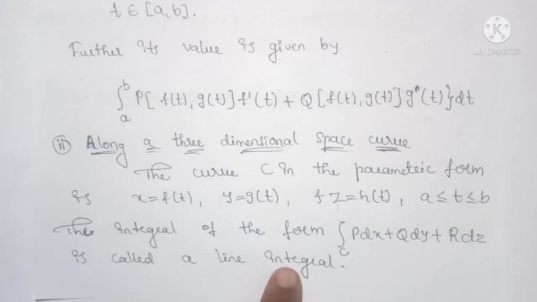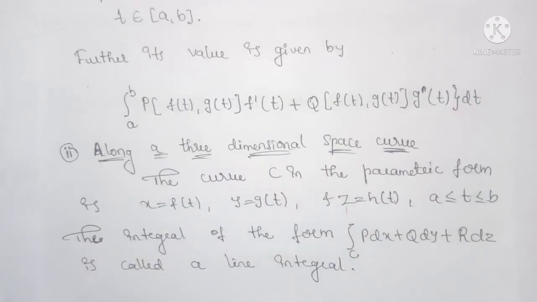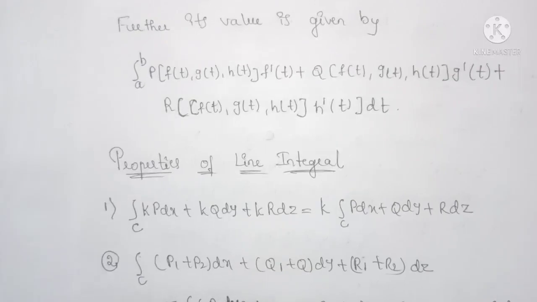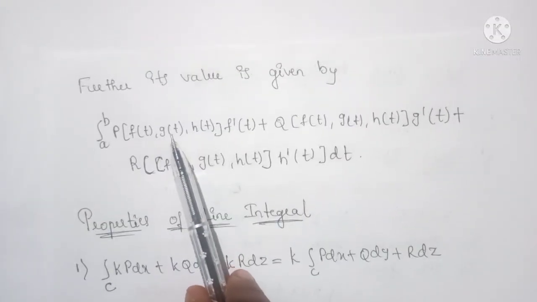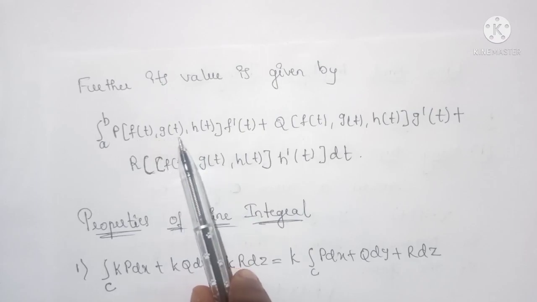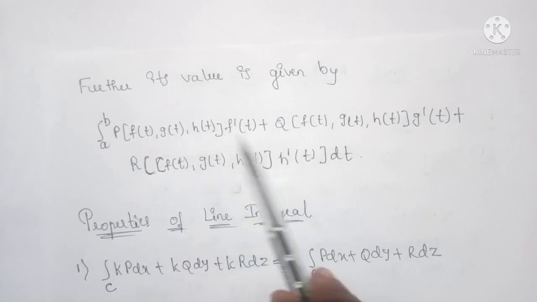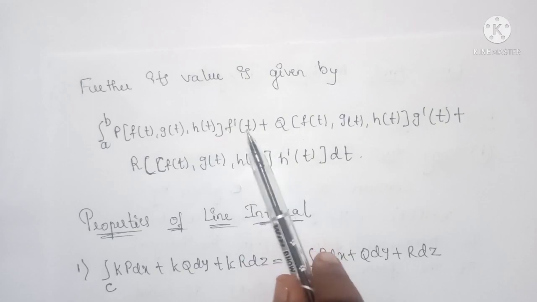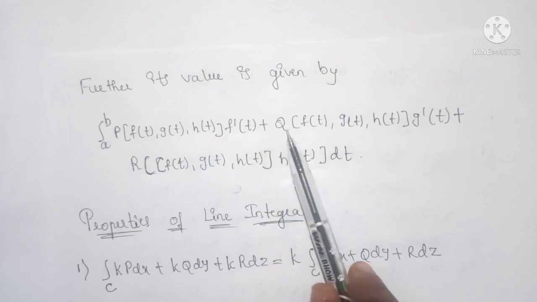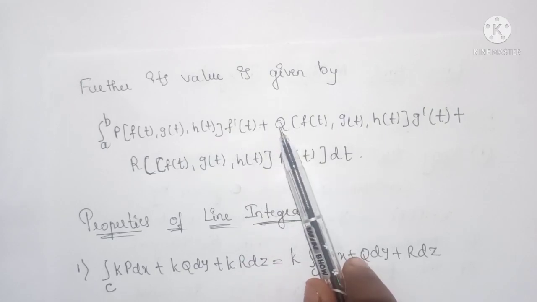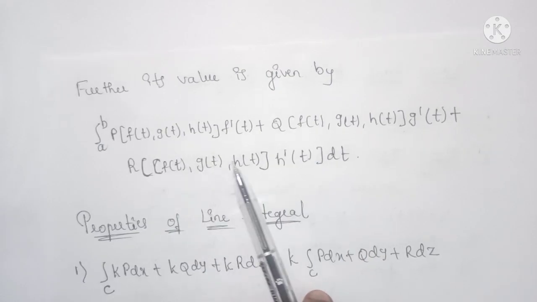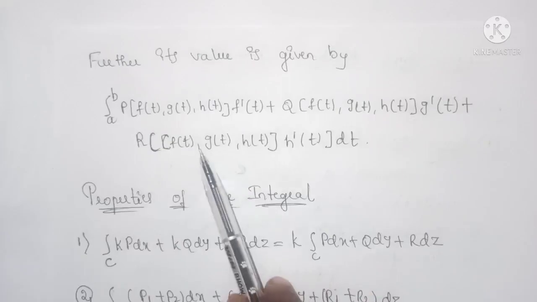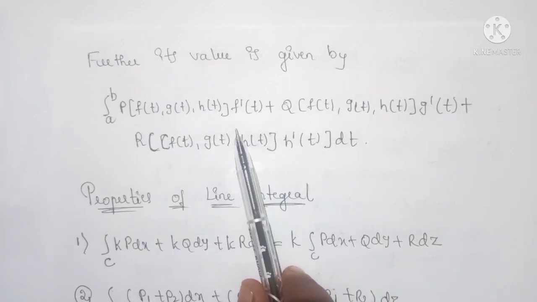Its value is given by integration a to b, p of f of t comma g of t comma h of t, and similarly we substitute dx value f dash of t. Like that we substitute q value and r value in terms of f of t, g of t and h of t. Then we get this line integral value.